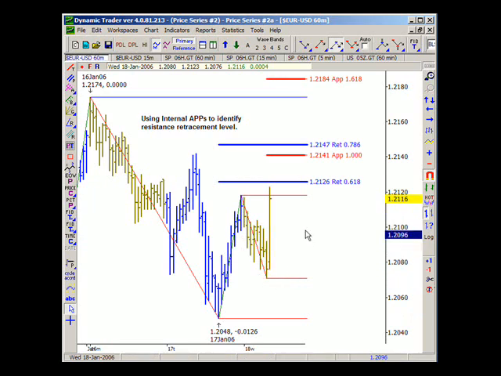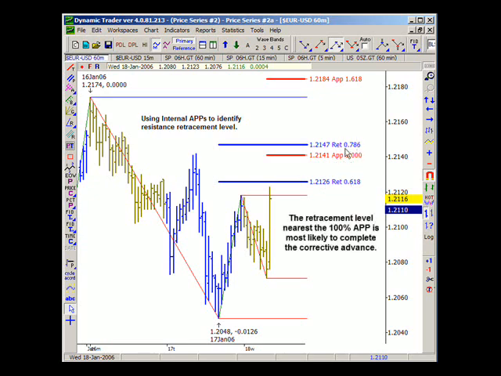Now that's what you learned in part 1 of this course. And as you know, we can use any market, any time frame. So of the two retracement levels, which one is most likely to be resistance if this market continues to advance? The 62% or the 78.6%?